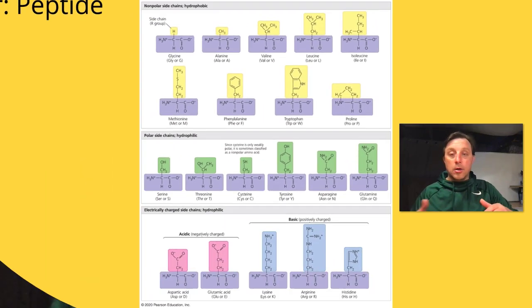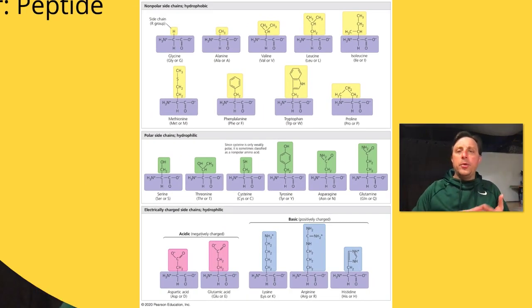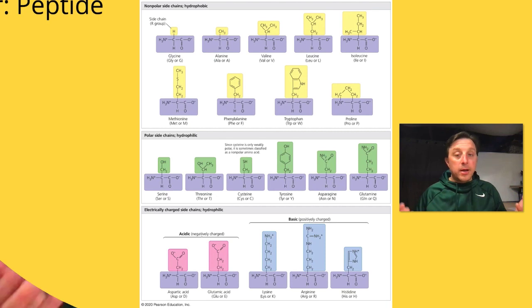So we see the top there, those are some non-polar side chains, so those would be hydrophobic. The green ones in the middle there are polar, so those would be hydrophilic. And then the bottom pink and blue ones are charged, so those would also obviously be hydrophilic, but they would be acidic or basic.